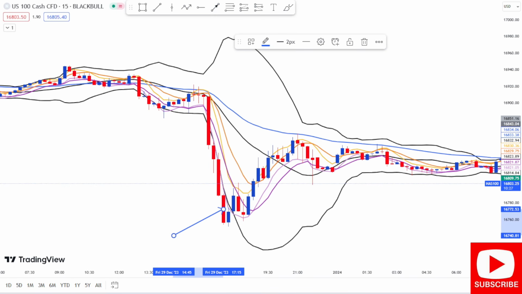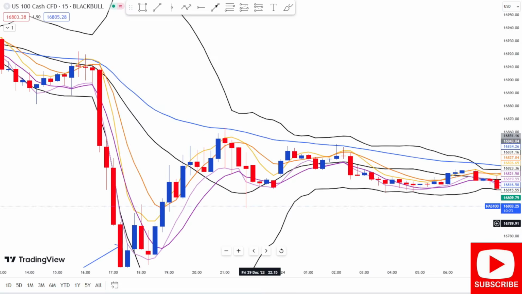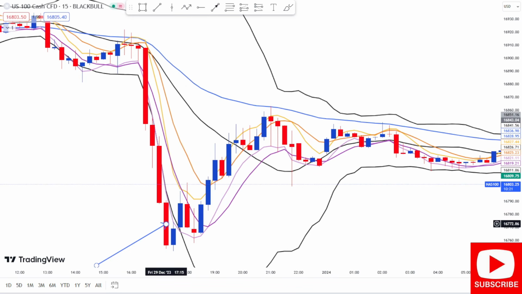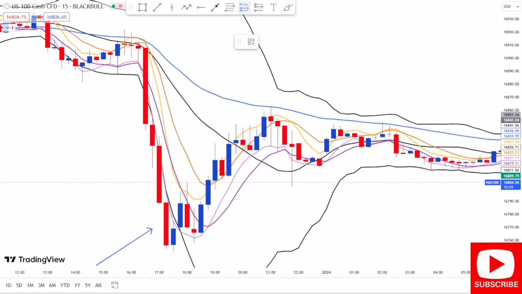Let me zoom in. Right here, we can see the moving average 5 low crossing and closing below the lower Bollinger Band. So we wait for price to enter back inside our Bollinger Band or close inside our Bollinger Band before we take our buy trades.